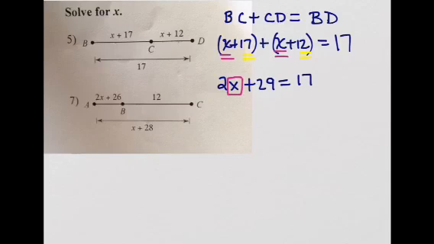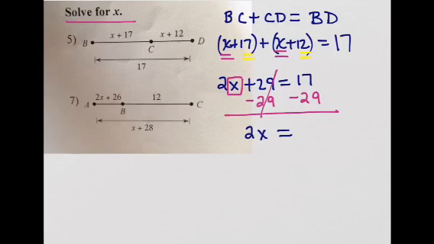So our goal here is to leave x by itself, to isolate the x, because in 5 and 7 they want you to solve for x. Okay, so first thing, we are going to subtract 29, and whatever you do on one side you do to the other. So 29 minus 29, 0. So we have 2x equals, and 17 minus 29, since 29 is a bigger number and it's negative, the answer on the right hand side is going to be negative 12.